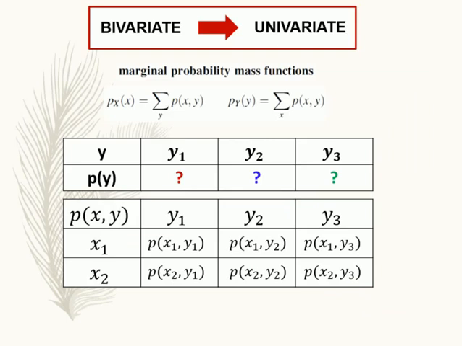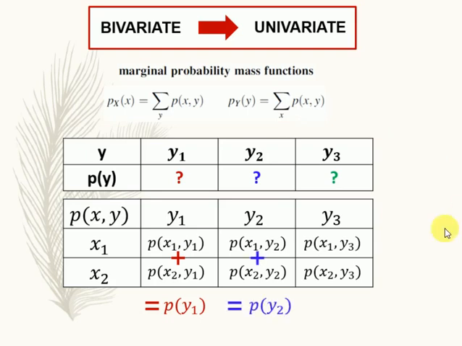Let's say I have y. If you want to populate this table here, that's your marginal probability mass function of y. You follow a similar procedure. You want to know the probability that y is equal to y1 regardless of x, so you sum over all the possibilities. In that case, the probability of y1 is the sum of those two values. y1 remains the same, and you just sum over all the x values, just like what they say here.